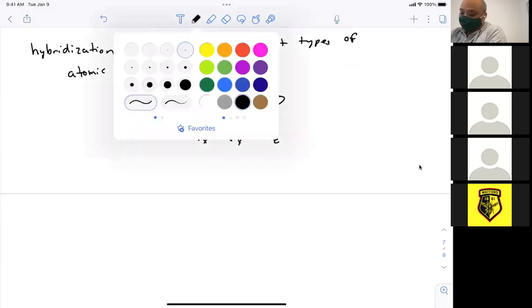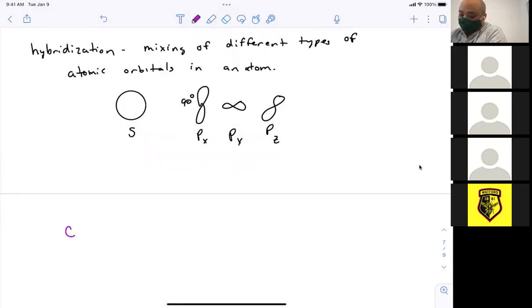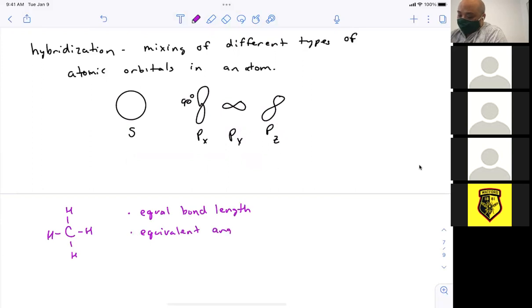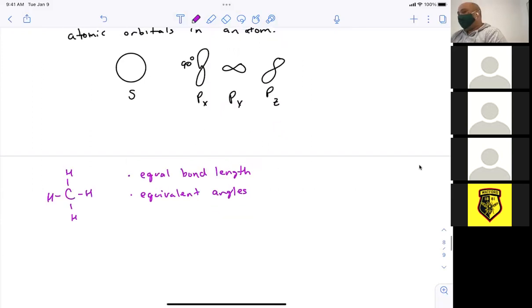The problem is this. When we look at CH4 and we actually measure the characteristics of CH4's bonds, what we see is equal bond lengths and equivalent angles.